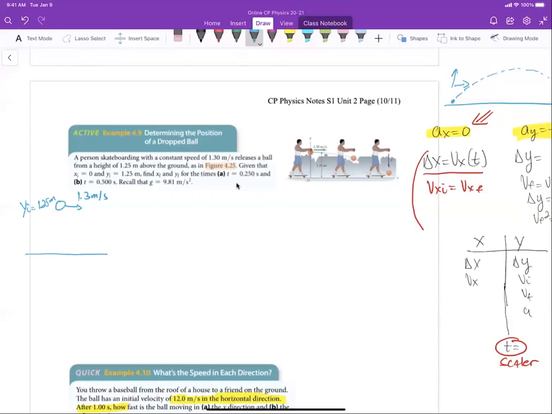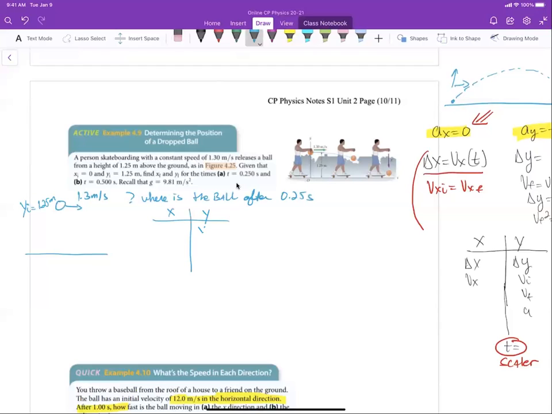I want to know where is the ball after, we'll just do A, which is 0.25 seconds. So we have to construct our XY table.